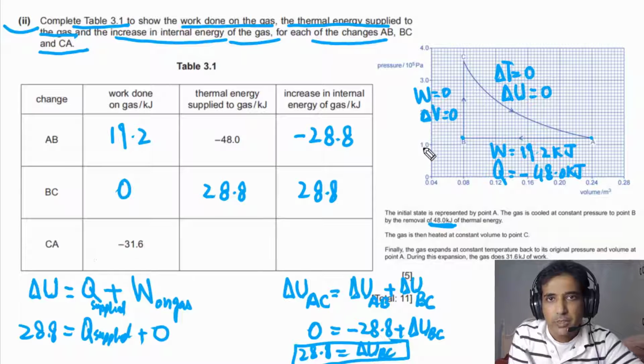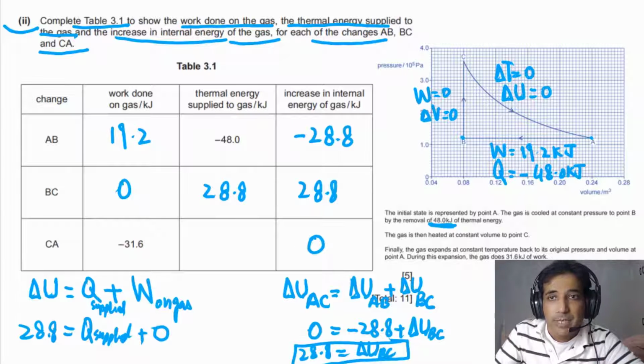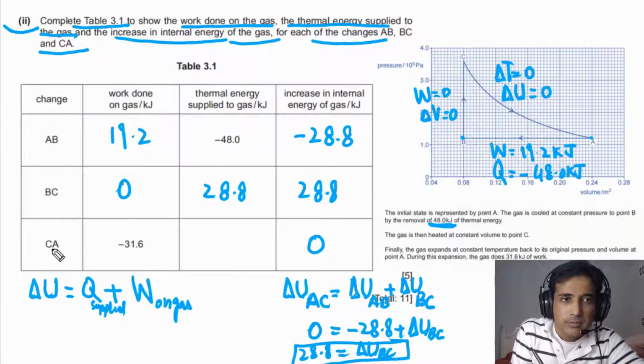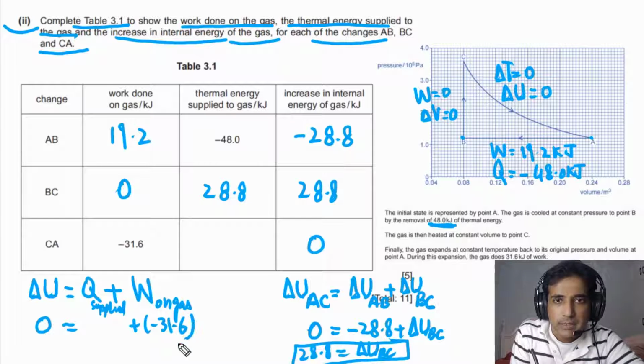From C to A, change in internal energy is equal to 0. Now we need to calculate thermal energy supplied to the gas. So we have to use first law of thermodynamics again. For this process, CA, change in internal energy is equal to 0. And we have work done on gas, that is equal to minus 31.6 kilojoules.